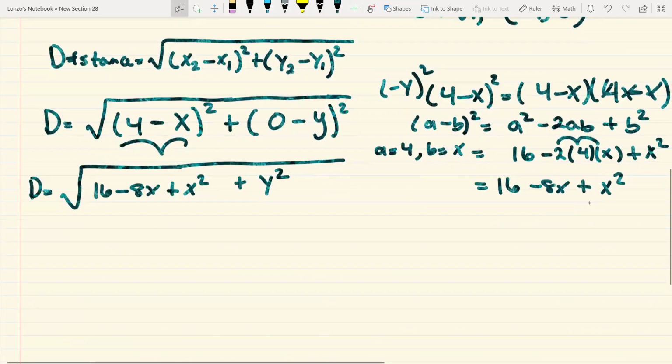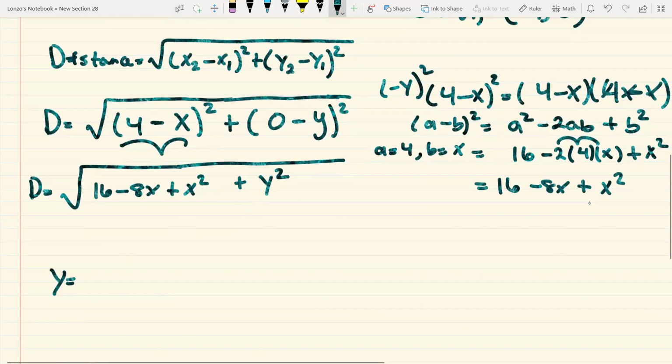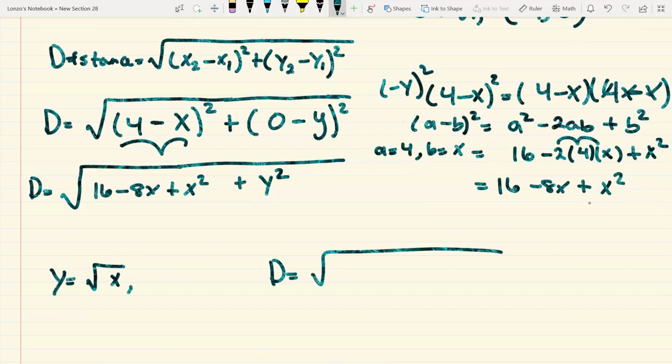So did you know they were given you one equation, which is y equals square root of x. And then the second equation is your distance equation. So my distance is 16 minus 8x. Is there anything I can combine or fix? Not yet. Okay.